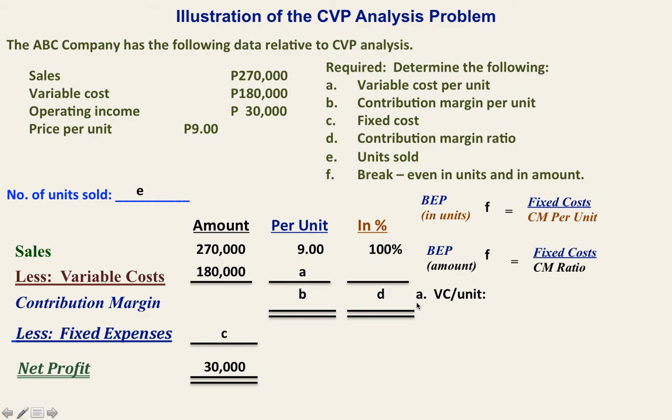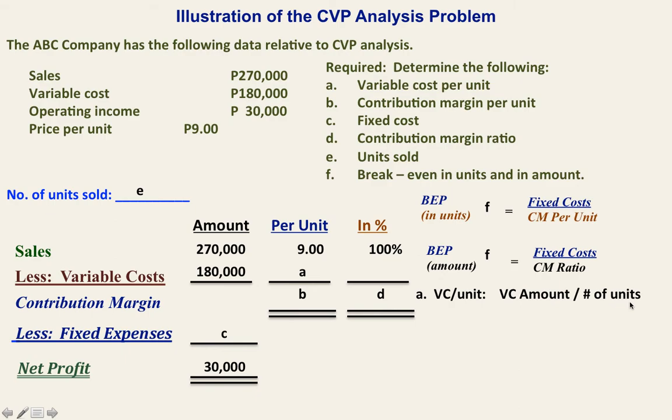The first thing that we have to do is the variable cost per unit. So what information can we use to compute A? We don't have the units sold. The formula for variable cost per unit is variable cost amount over number of units. However, we don't know the number of units.